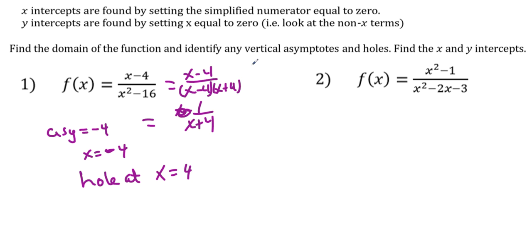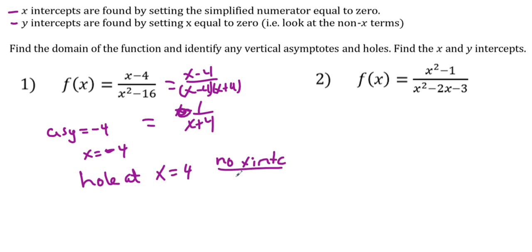Alrighty, so let's take a look at intercepts. So right here we have x and y intercepts, and this is pretty straightforward. You've done this before, going all the way back to Algebra 1. X intercepts are found by setting the simplified numerator equal to 0. Well, simplified numerator is just 1, so there is no x-intercept. Okay, there's nothing to set to 0.